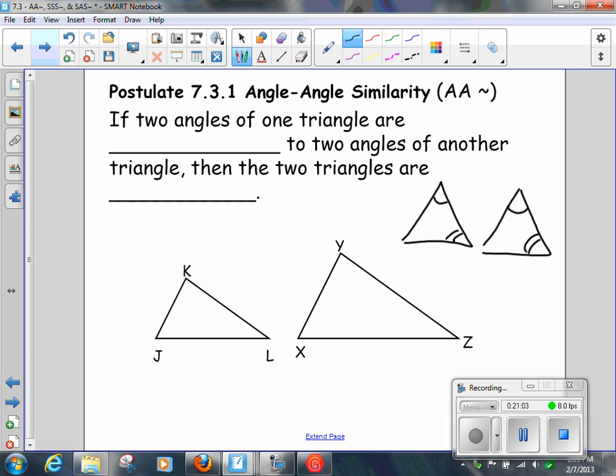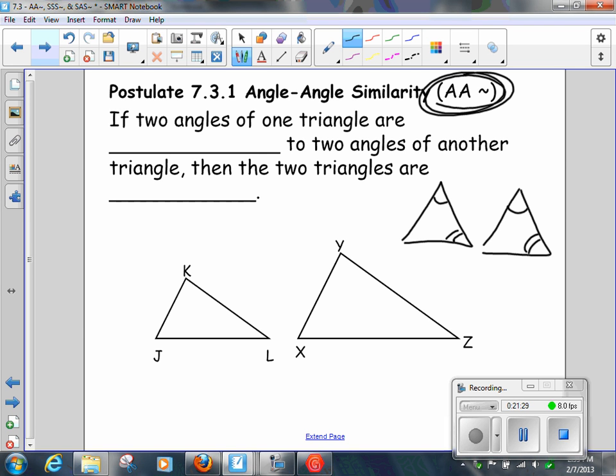But we can use angle-angle similarity, and look how they note that. Angle-angle similarity. If 2 angles of one triangle are what?